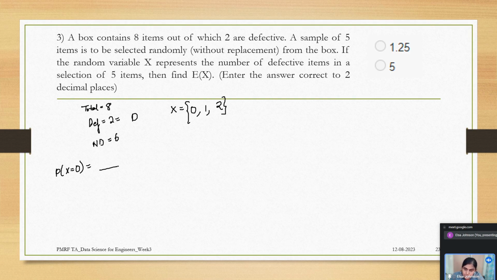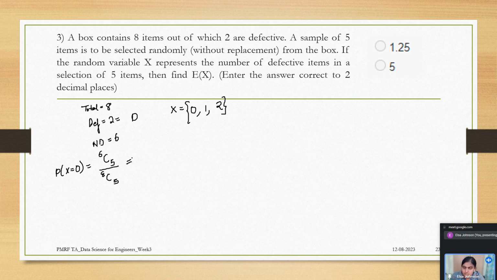You have the total number, that is 8, and from that 8, 5 are selected, right? In the first case, the probability of x equal to 0 means in the 5 elements which are taken, there are 0 defective items. So 0 defective items means it is from 6C5. From the 6 non-defective items, we are selecting 5 items.